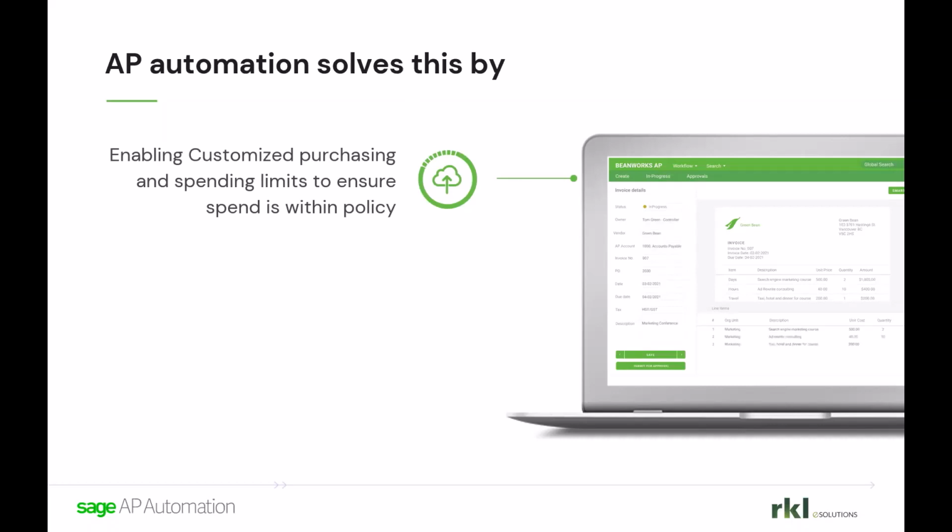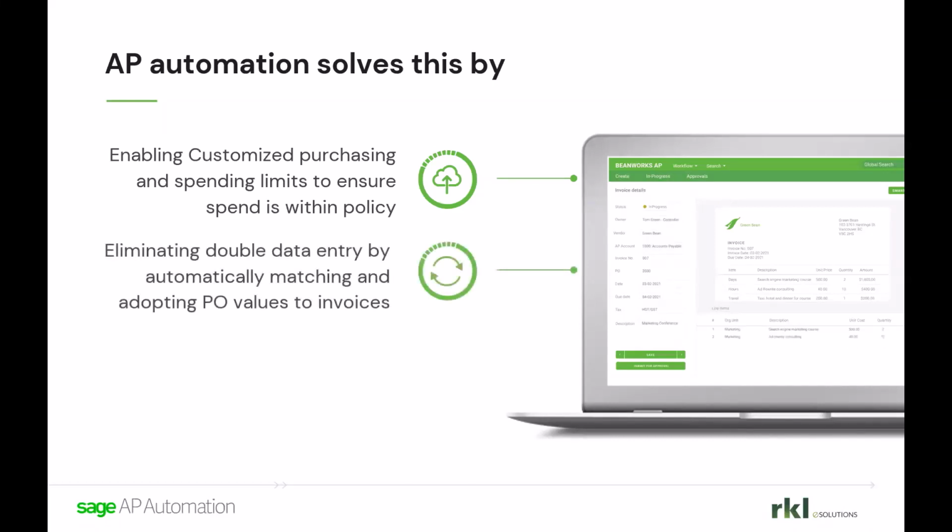Companies could create a formal purchasing process that controls who's able to buy, what you're able to buy, and how much you can spend. You can set limits. So if you have certain departments or projects or even vendors that you only want to spend a certain amount on, you can set those rules in place to control those types of purchases.